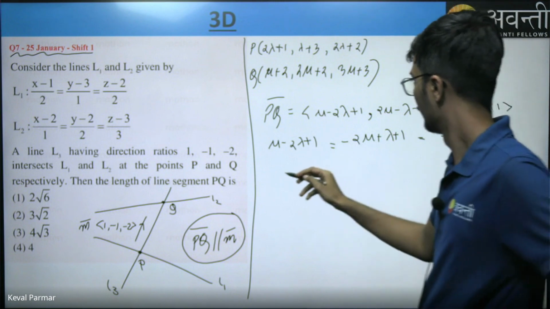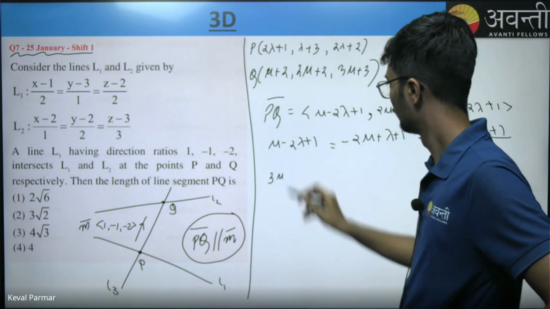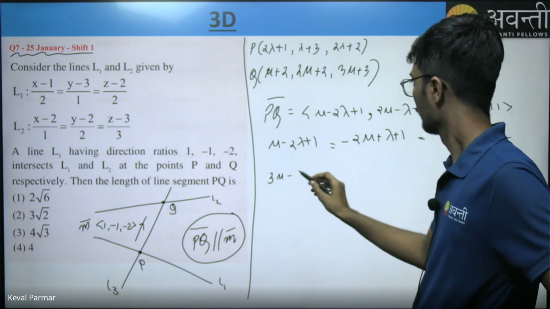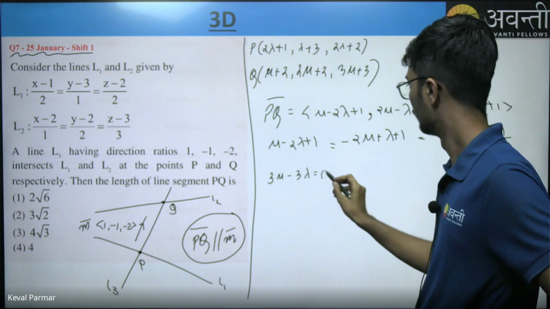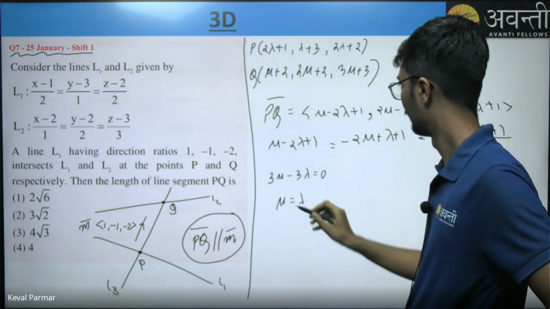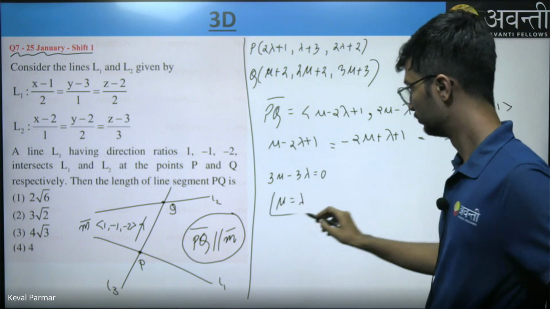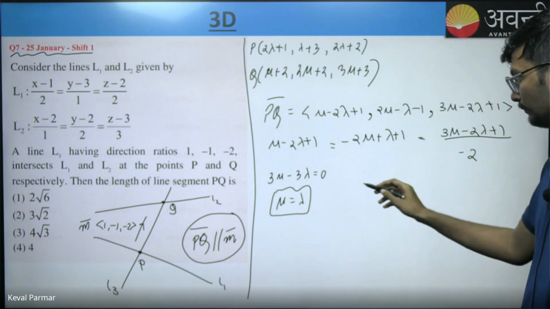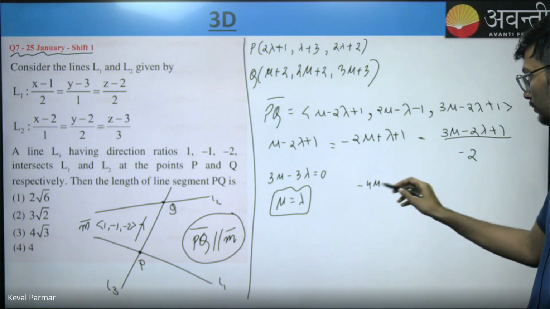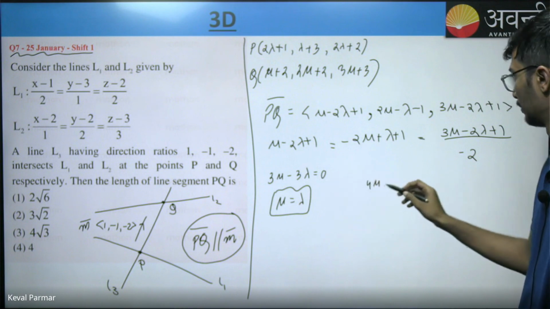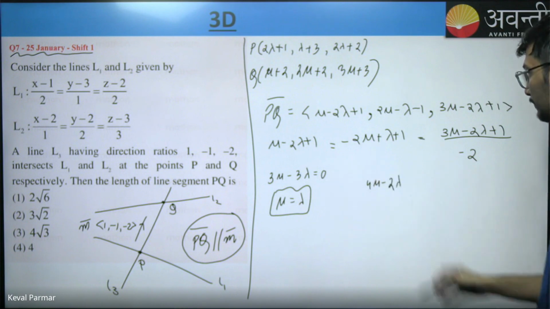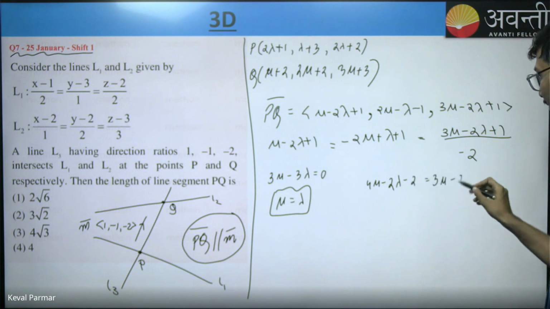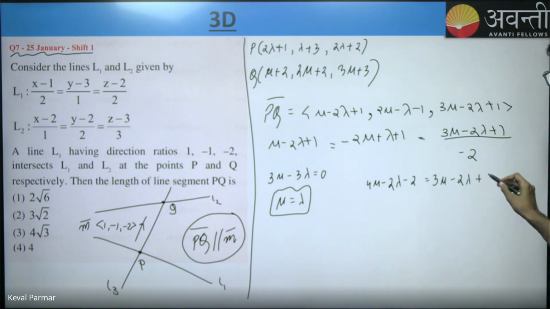If I equate, I'll get 3 mu minus 3 lambda equals 0. That means mu equals lambda. If I equate these two, I'll get 4 mu minus 2 lambda minus 2 is equal to 3 mu minus 2 lambda plus 1.